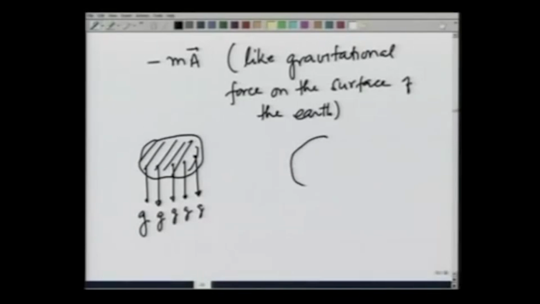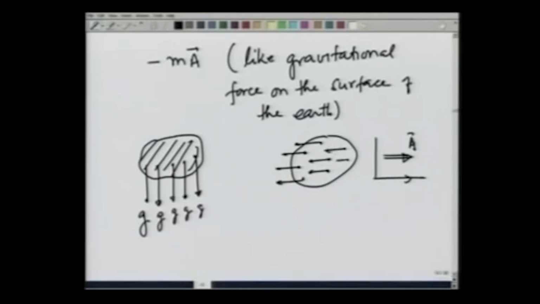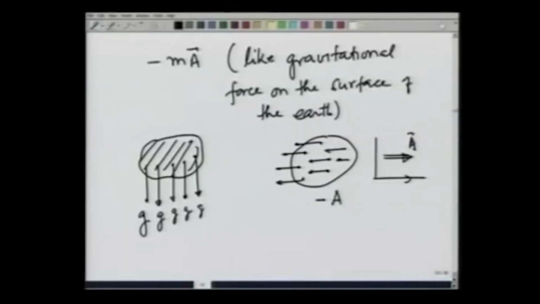Similarly, in this case, if I observe an object from a frame which is moving, say, towards the right with the acceleration a, all the parts of this body are accelerating backwards with the same acceleration a. So, it is as if the body is in an effective gravitational field with gravitational acceleration minus a.